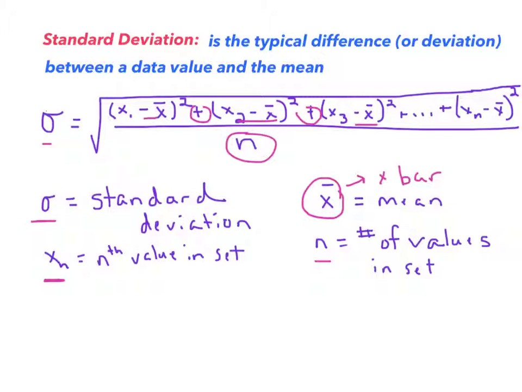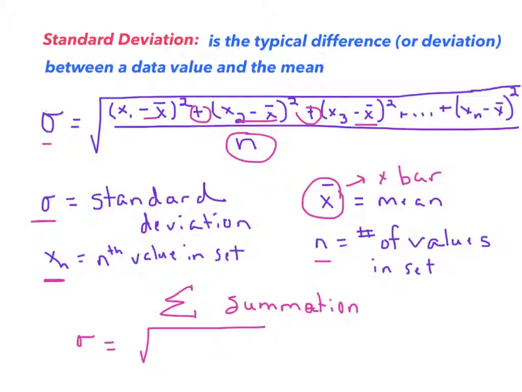Now, a shorter version of this formula is to use the symbol which stands for summation. We could take this formula and make it a little bit smaller, which makes it a little bit easier.